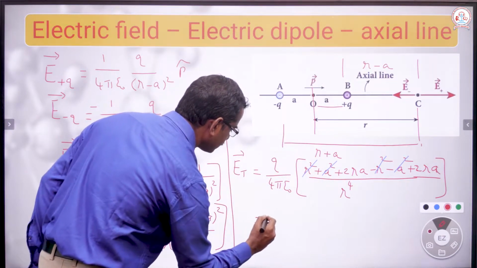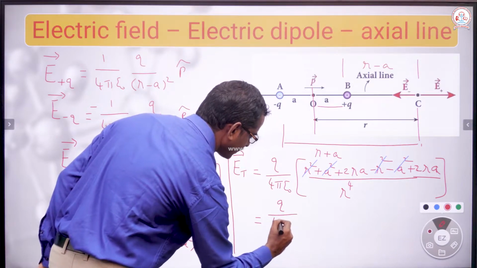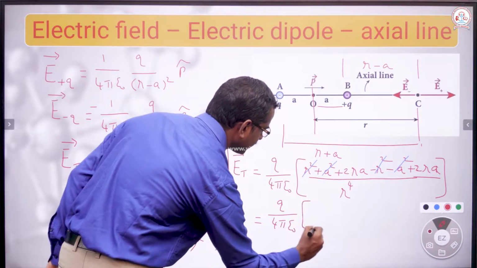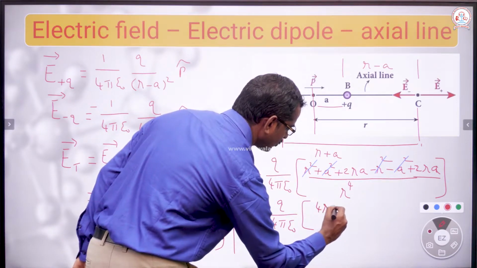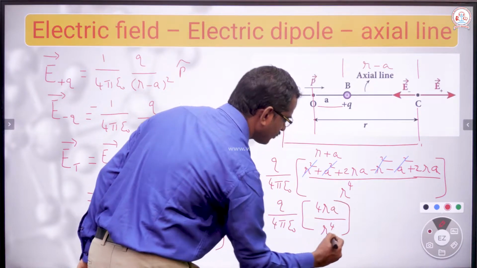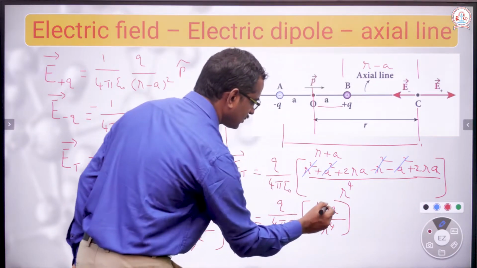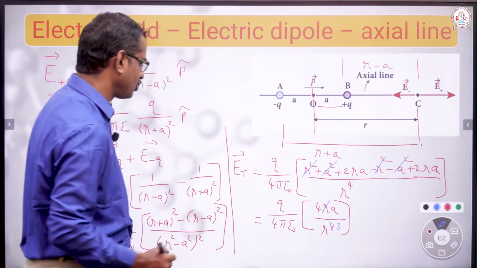Then this is equal to Q divided by 4 pi A, 2RA plus 2RA, then you get 4RA divided by R power 4, and now we cancel one R, and R power 4 becomes R cube.